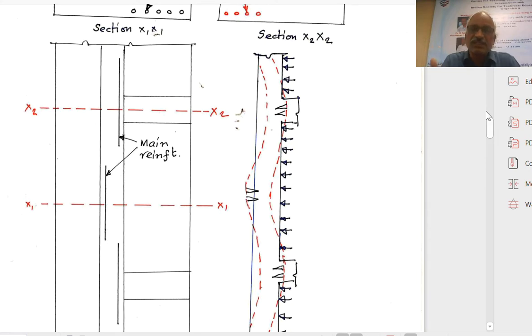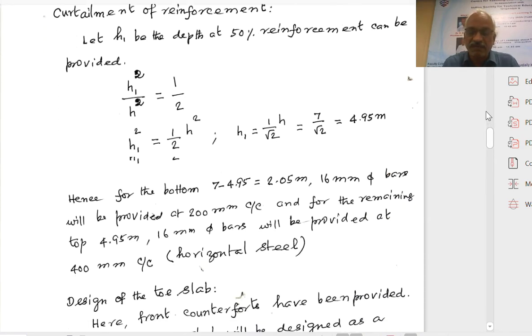Whatever pressure acts on the upright slab in this length will be transferred to one counterfort. The counterfort will act as a vertical cantilever due to this pressure. So we are going to design the main counterfort as a vertical cantilever fixed with the base slab. One more point we will discuss when we take up the design. So these pressures acting will be needed.